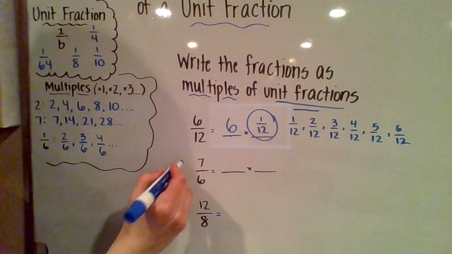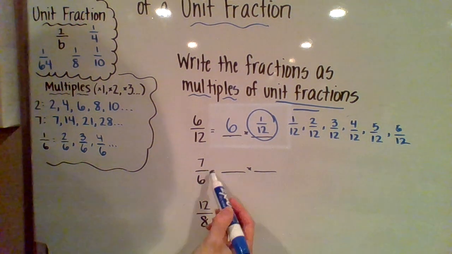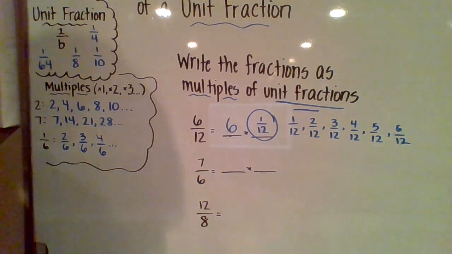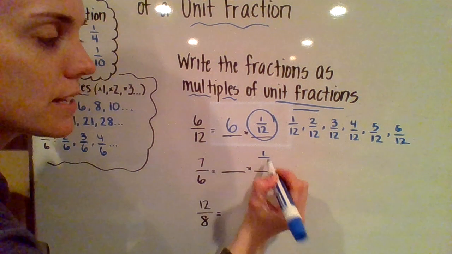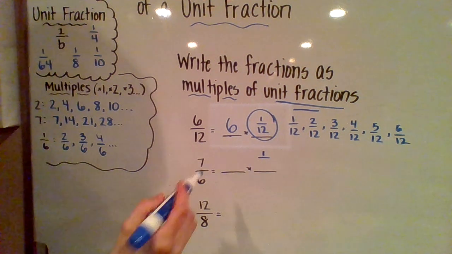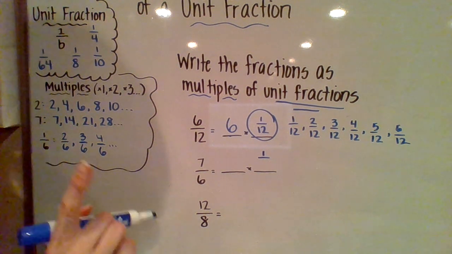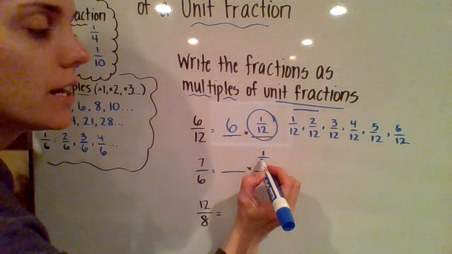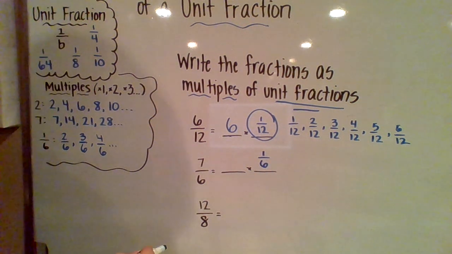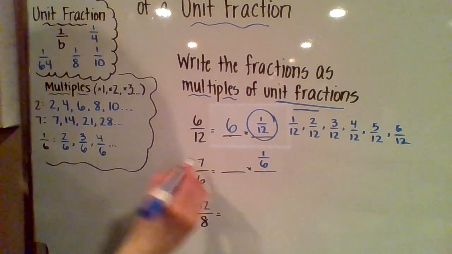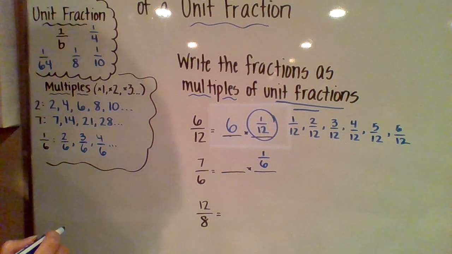Try this one. 7/6. What multiple times the unit fraction? What is our unit fraction if our answer is 7/6? Say it out loud. Yes, our unit fraction is 1/6. What times 1/6 would get us 7/6? Figure that out.